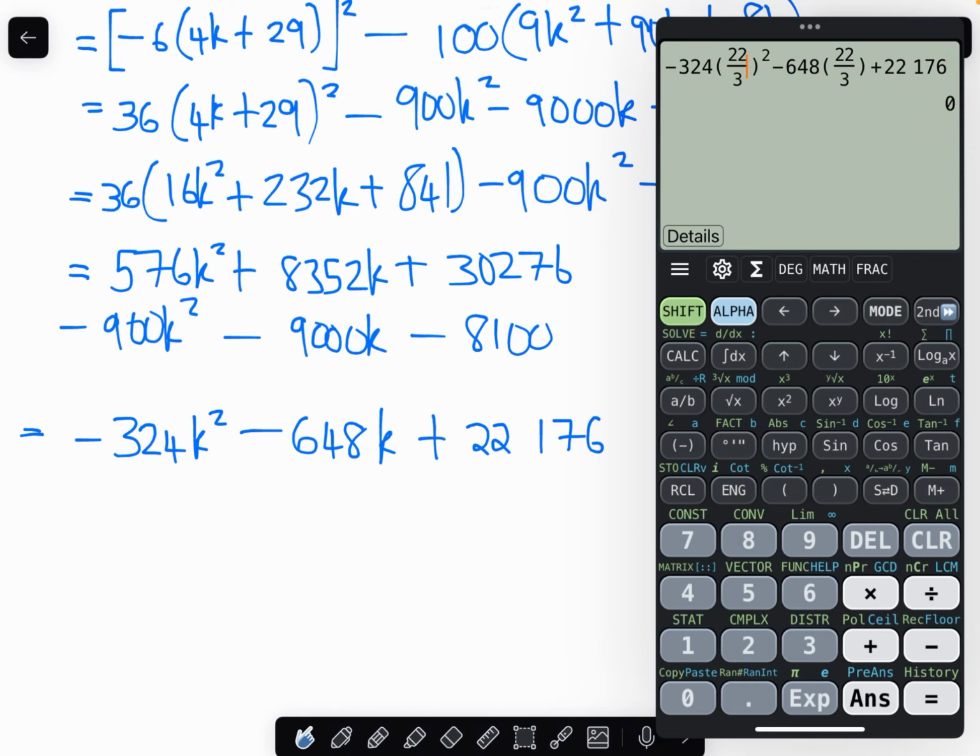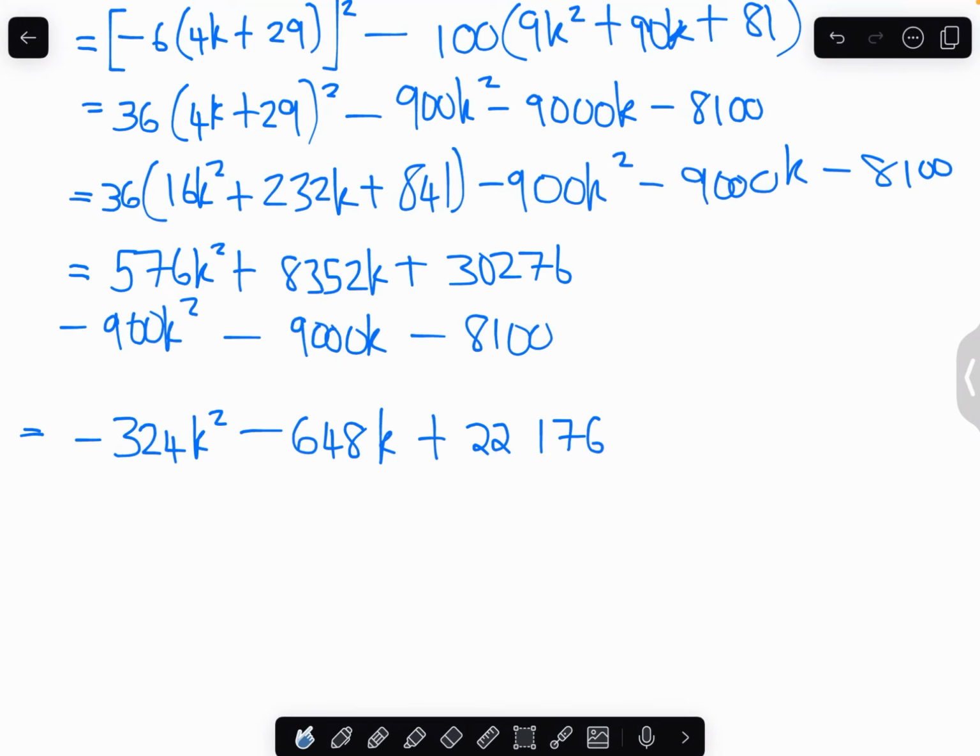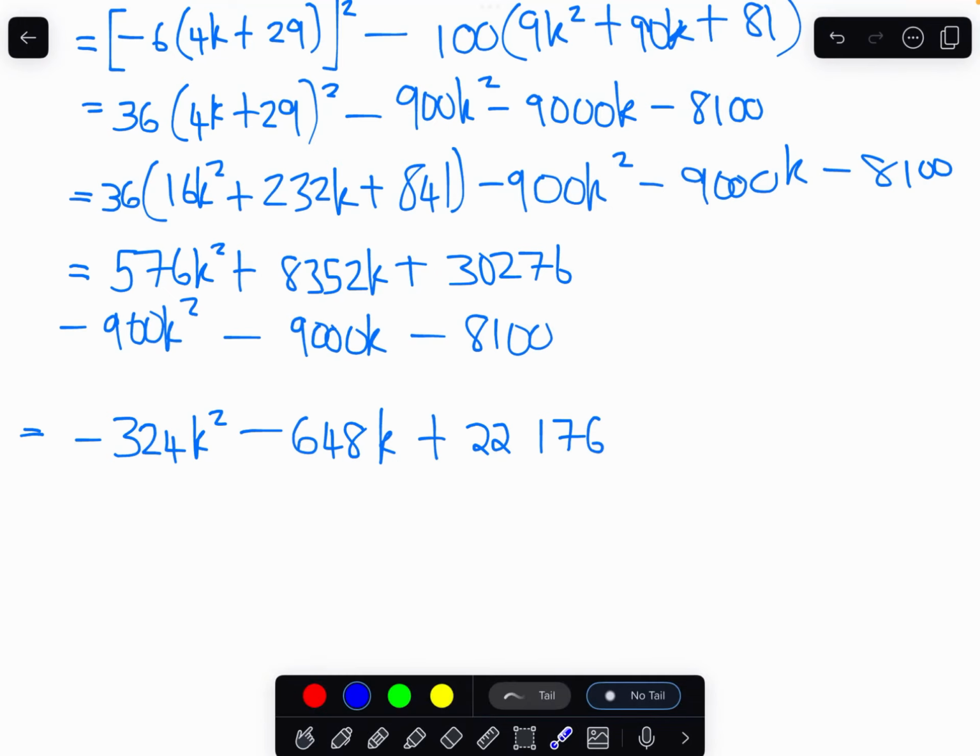Right, and likewise with minus 28 over 3, we should get a discriminant of 0. Hooray, hooray, hooray. Right, so now the curiosity is, for which values of k will this guy be strictly greater than 0?